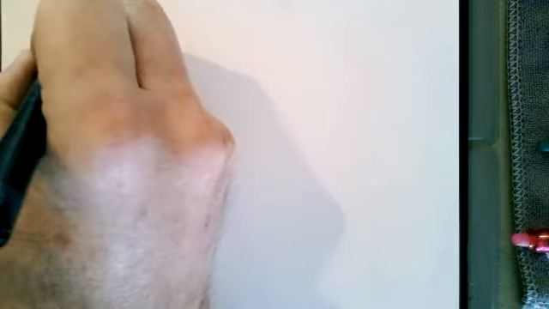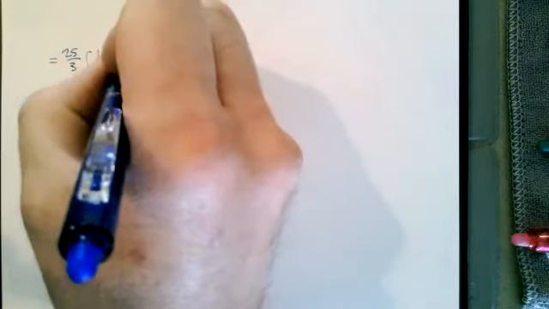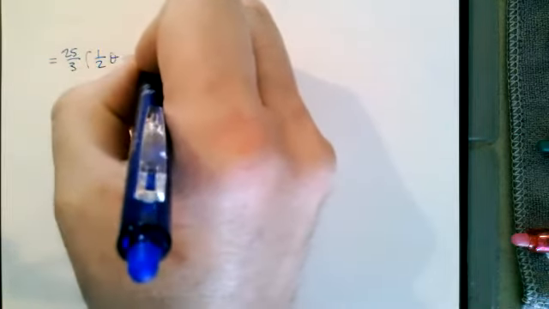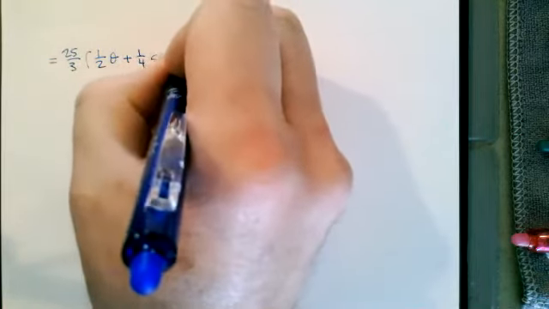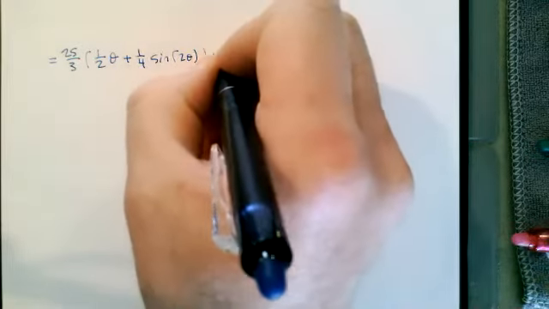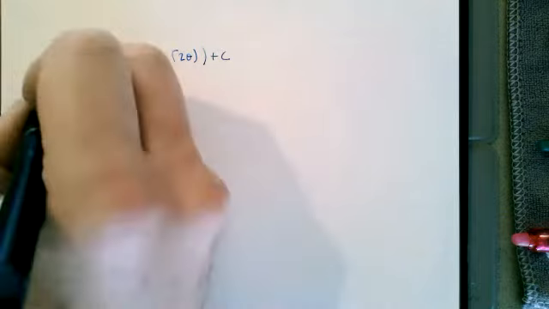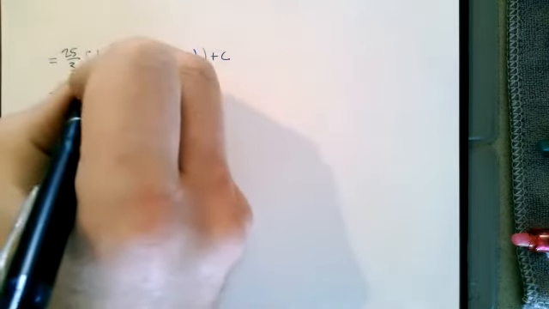So what we have is our antiderivative in theta, which was 25/3, and then we had a 1/2 theta plus a 1/4 sine of 2 theta plus c.